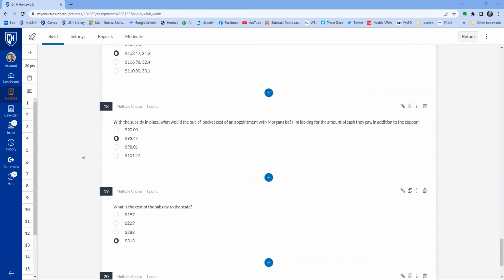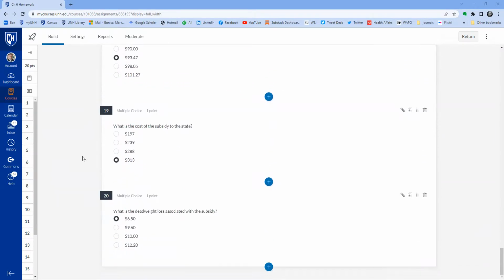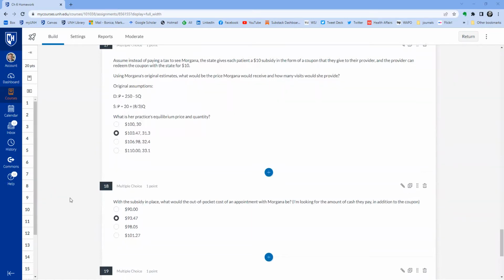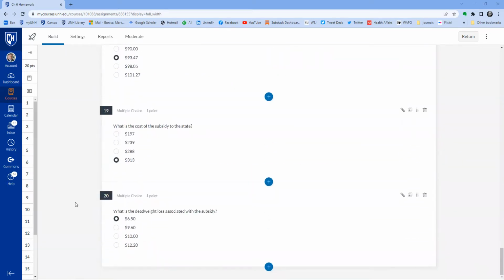It's going to be 93.47, right? For the consumer. What's the cost of the subsidy? We said 313. What is the deadweight loss? 6.50. And I threw in calculating the producer surplus and consumer surplus. I didn't realize I hadn't asked that. So get that as a bonus. All right. Enjoy.